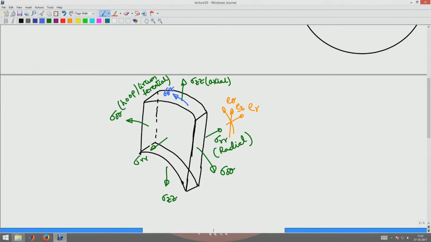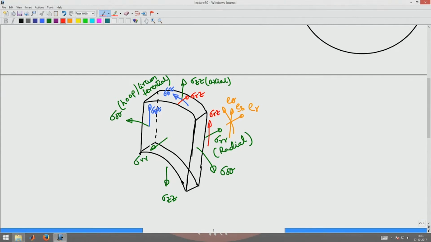I am not going to distinguish between theta Z and Z theta. Same thing here, this will be sigma theta Z, and then this stress would be sigma RZ, and the stress acting on this face would be sigma RZ.